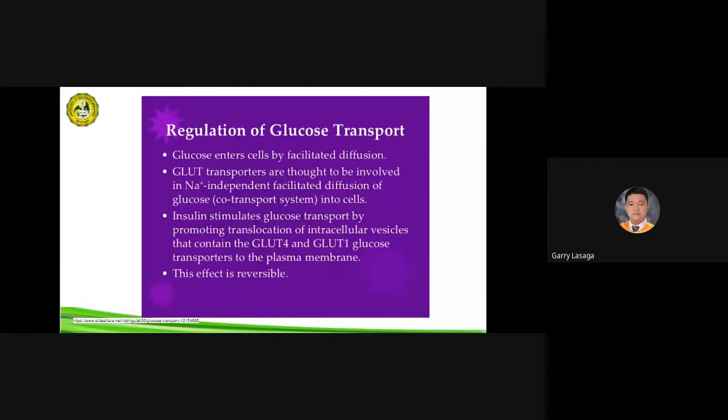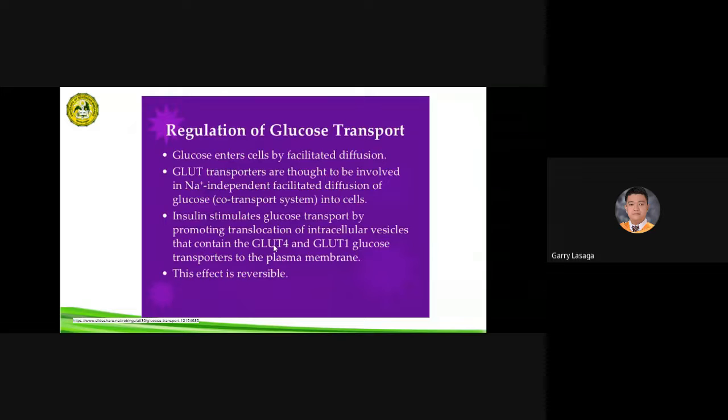Insulin stimulates glucose transport by promoting translocation of intracellular vesicles that contain the GLUT4 and GLUT1 glucose transporters to the plasma membrane. This effect is considered to be reversible. One of the functions of the hormone insulin is to facilitate the uptake of glucose molecules into the cell.